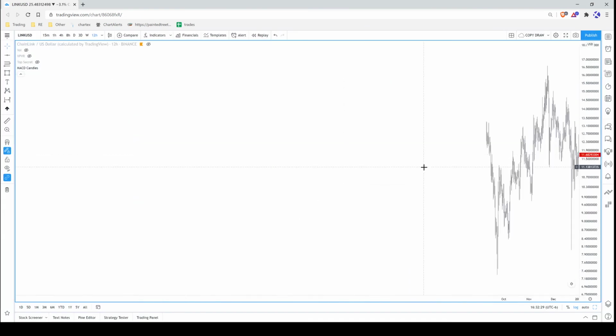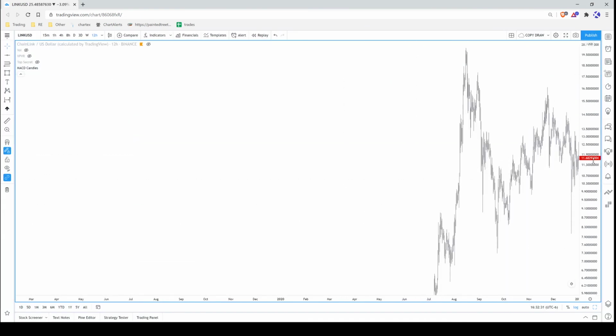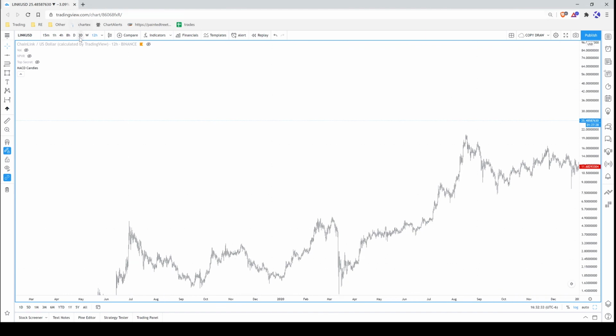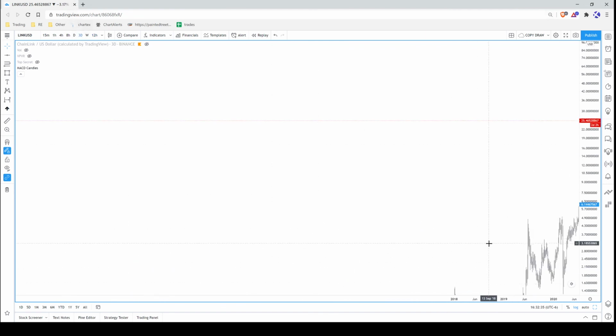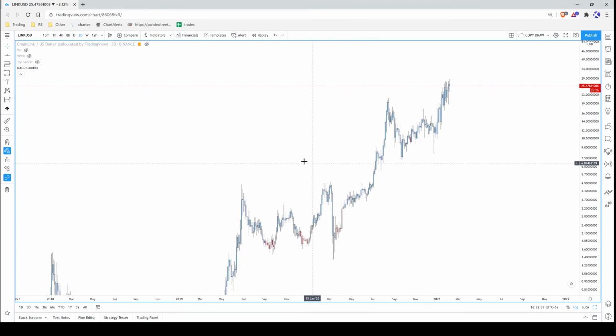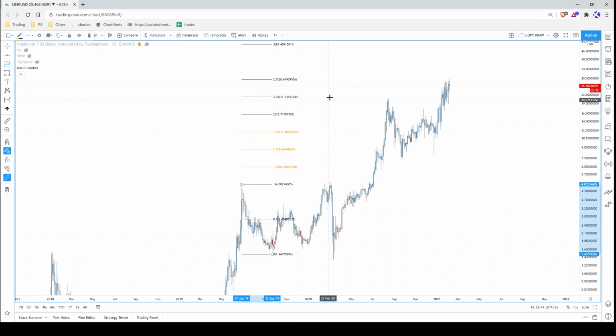Let's look at it here. I'm going to go up on the time frame here so it's a little easier to see what I'm talking about. If this is our high and this is our low, look at that. We nearly nailed the 2.25. Pennies off of it.